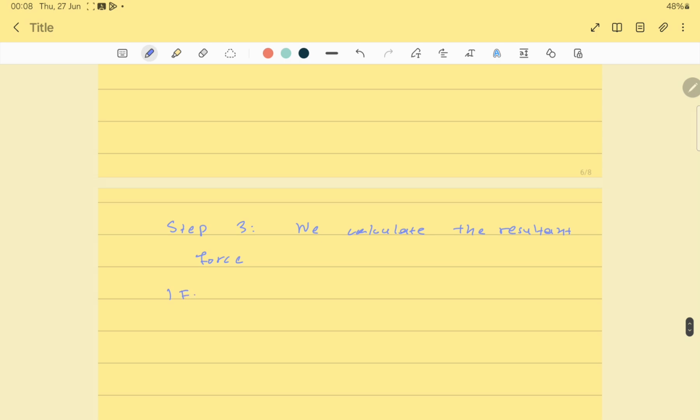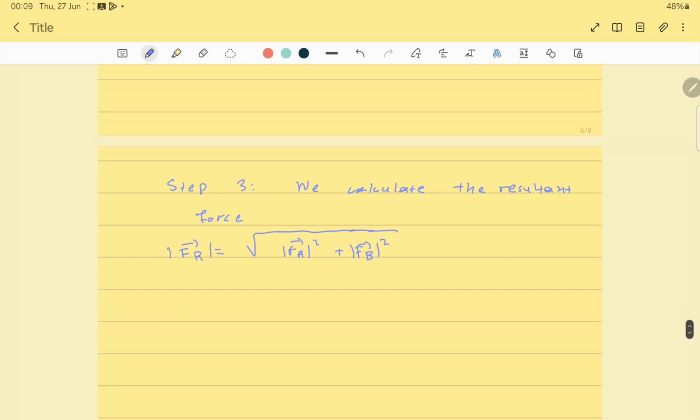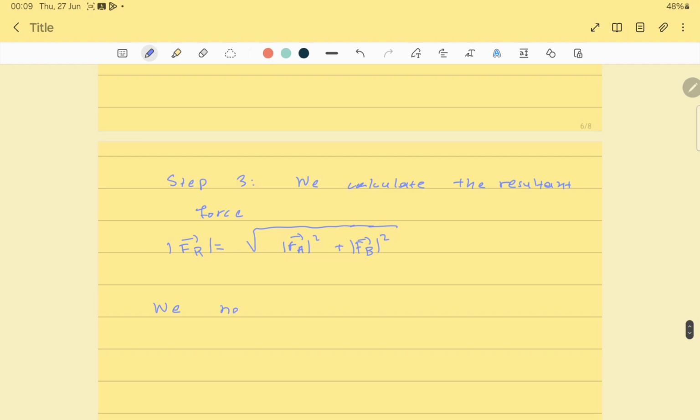So the resultant force is, we use the Pythagoras. We find FA squared plus FB squared. So we need to calculate first what is FA, this length, and FB, the magnitude of these forces.